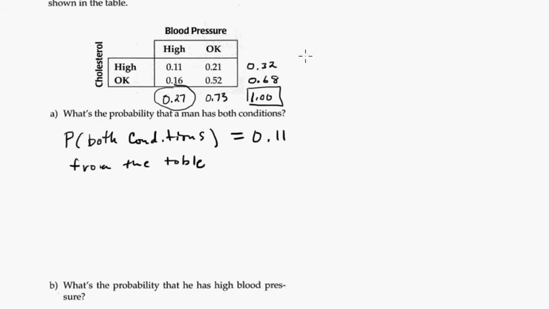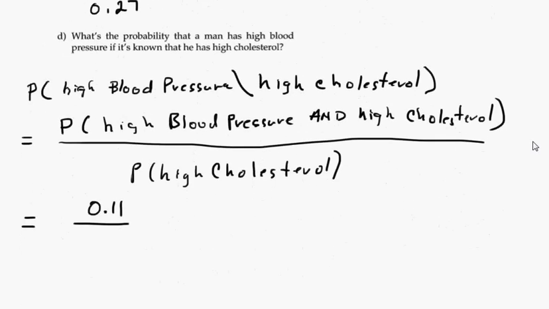So it's 0.32. So 0.11 divided by 0.32, and if we do the math, I believe it's 0.344, so that would be 34.4% if you want to use percents.